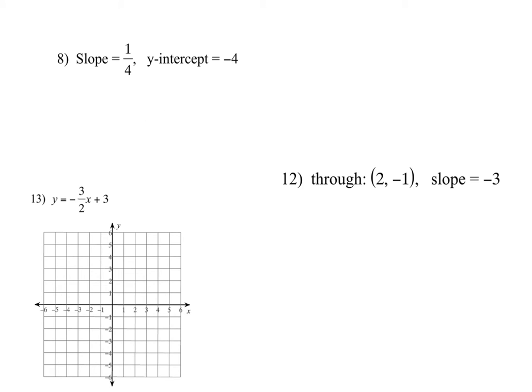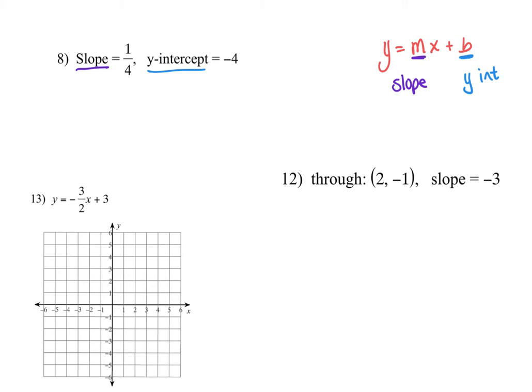Write it in slope-intercept form first. You have to remember what slope-intercept form is. It's y equals mx plus b. M is your slope. B is your y-intercept. All right. They gave you your slope and they gave you your y-intercept.